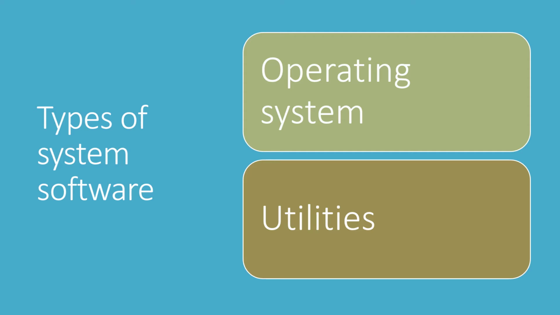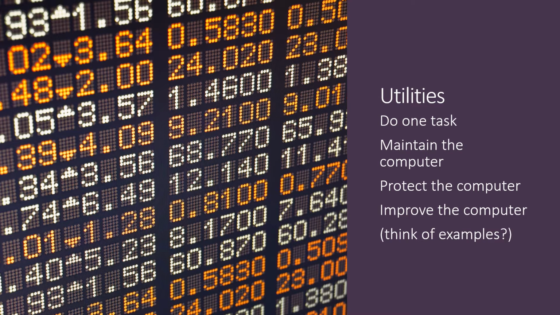Utilities are small pieces of application software that typically fulfill a single role which is missing from our operating system. Utilities therefore do one task. They're system software, so they maintain the computer or protect or improve the computer.